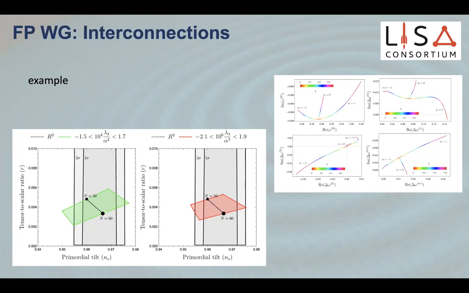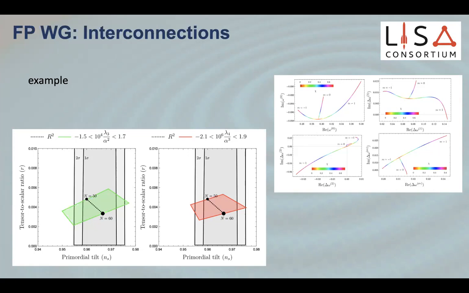And so then you go to the left of the screen, and there you see these very same corrections to GR manifested in a modification of the inflationary spectrum of fluctuations.